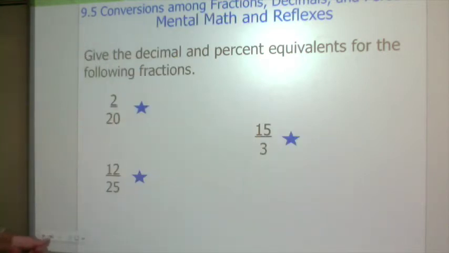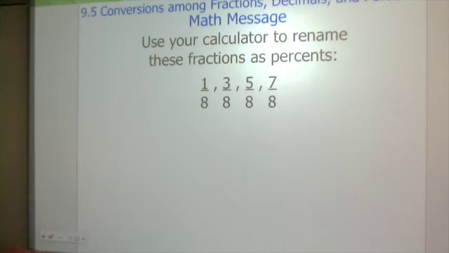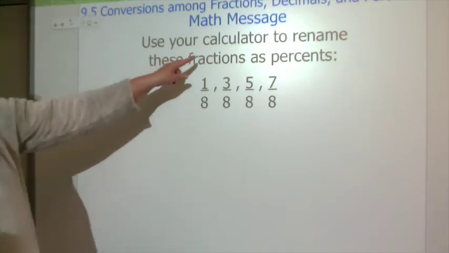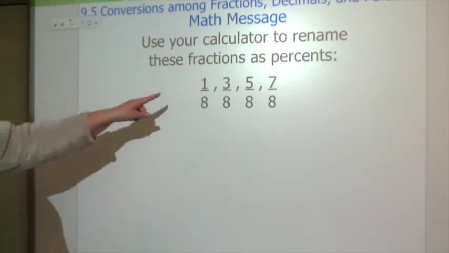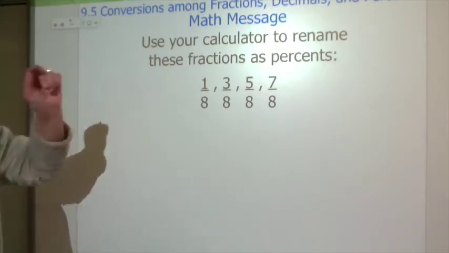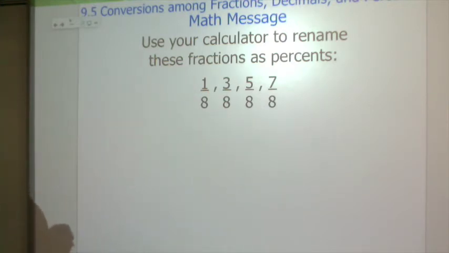All right, next one. We're going to keep going. So you're going to need your calculator today. I would like you to go ahead and use your calculator to rename these fractions as percents. So the first one that you're going to do, make sure you clear the calculator about 3-4 times.